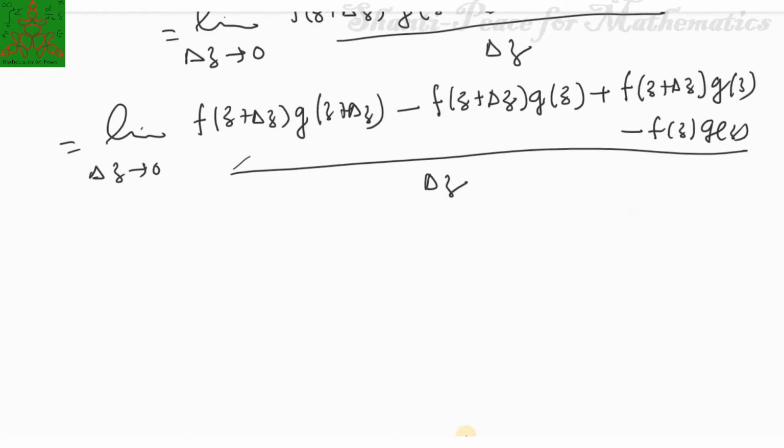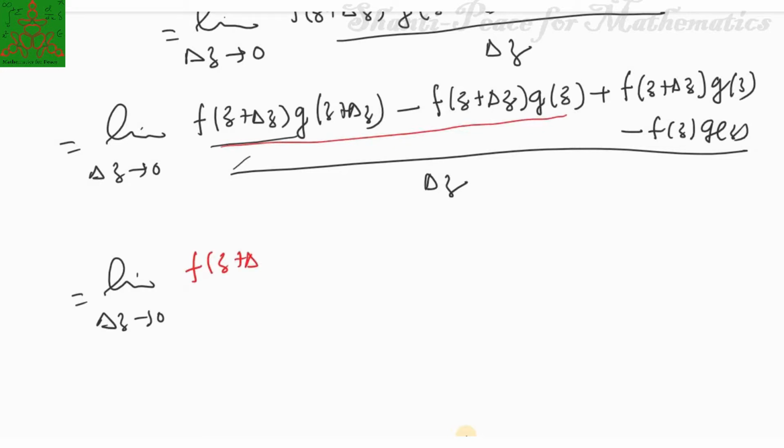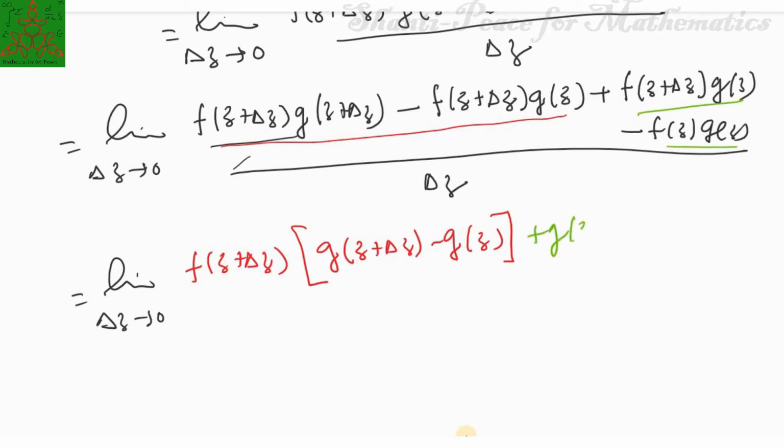So we may write this as limit delta z tends to 0. Now you just observe that in the first two quantities, f of z plus delta z is common out. Inside the bracket you will have g of z plus delta z minus g of z, and in the second two quantities you may see that g of z is common out.